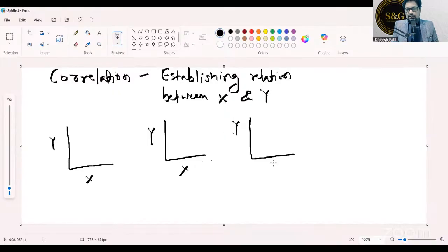If we collect the data of X and Y and plot it in the graph, and we get a trend where X is increasing and Y is also increasing, it is called a positive correlation.